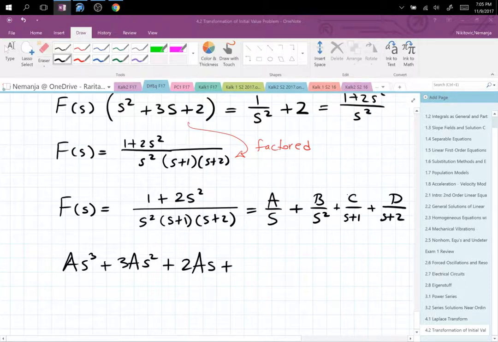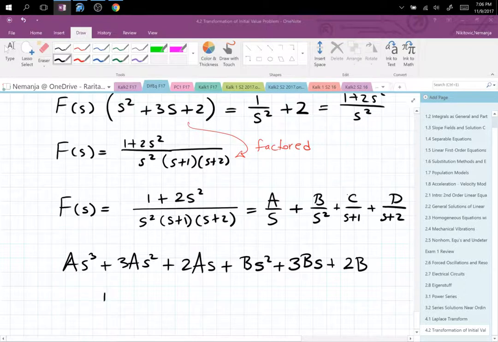Plus, now b just needs to go with this, so bs squared plus 3bs plus 2b. Now c needs to be multiplied by s squared times s plus 2, so that's s cubed plus 2s squared.